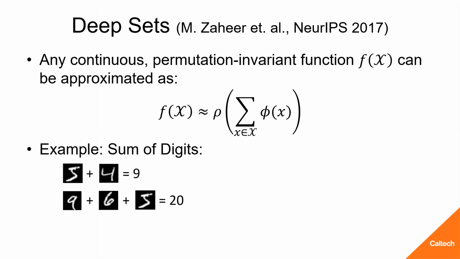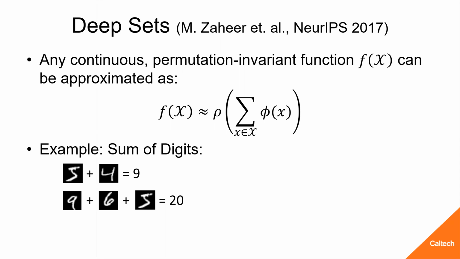Let me give you an example of what the paper used. There the task was: you have a set of input images, each image has one digit, and your task is to compute the numerical value of the sum of all the digits in the pictures. For example, 5 plus 4 equals 9.